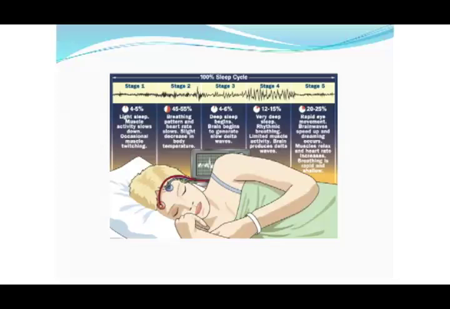In many cases, we'll send them for a sleep study, and the sleep architecture, which is the word people use to describe how much time patients spend in various stages of sleep, is completely deranged. The amount of time that they spend in that good, deep, restorative sleep is simply inadequate. And so it's not surprising that people are tired.